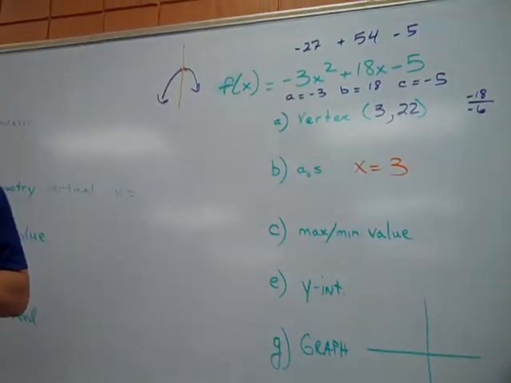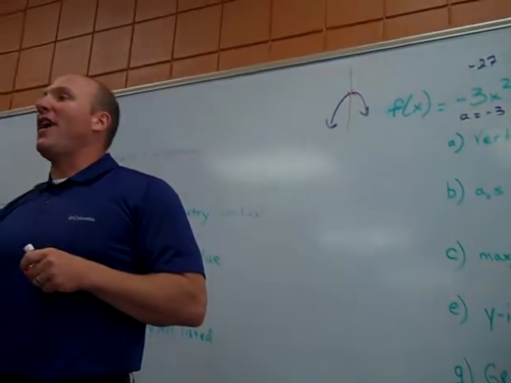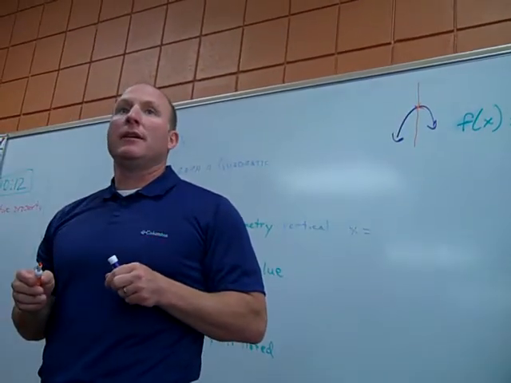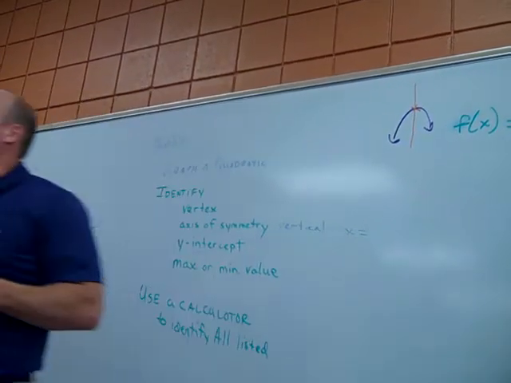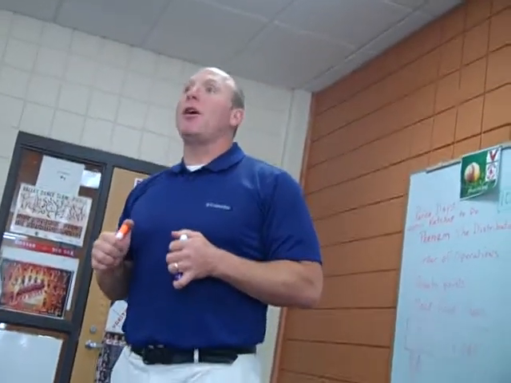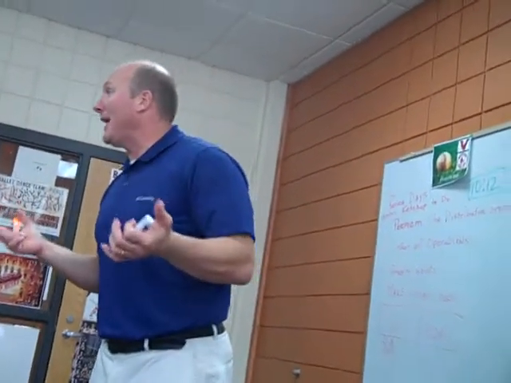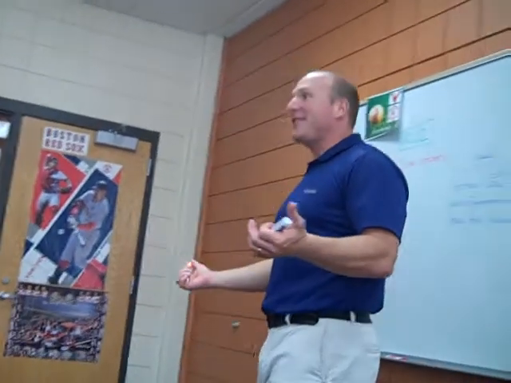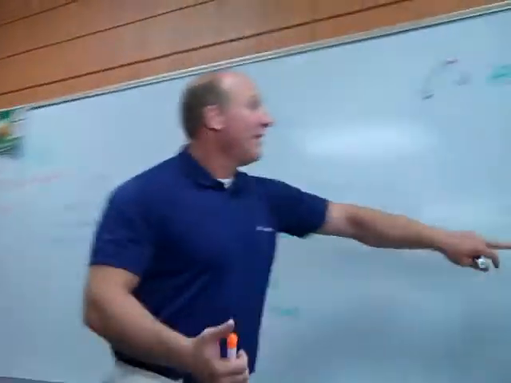What if I told you the vertex was 82, 5? What's my axis of symmetry? X equals 82. What if I told you that my vertex was Ben? What would be the axis of symmetry? X equals Ben. See how easy it is?